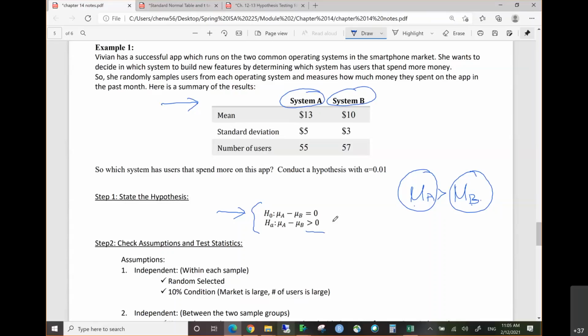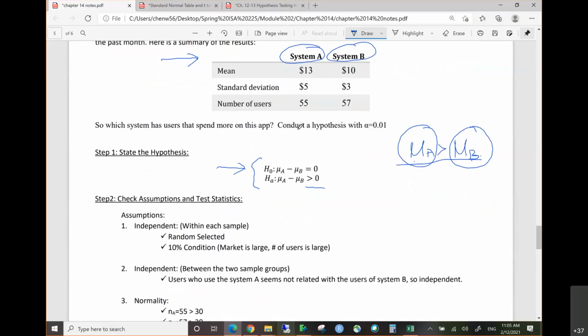All right, so now we just want to compare these two populations, and we want to conduct a hypothesis test with alpha equals 0.01. Next, once we state the hypothesis, the next step is to check the assumptions before we calculate the test statistic.